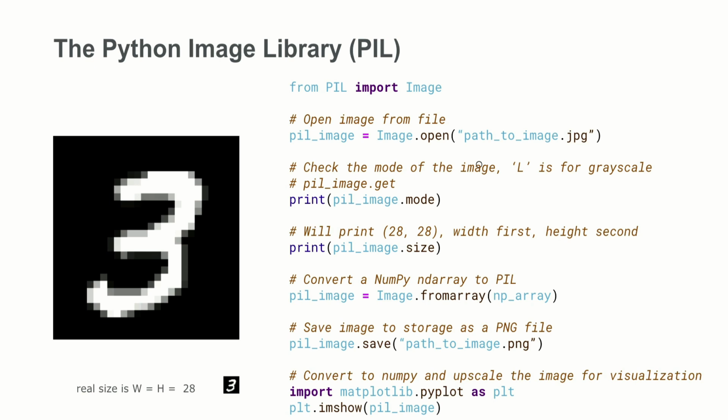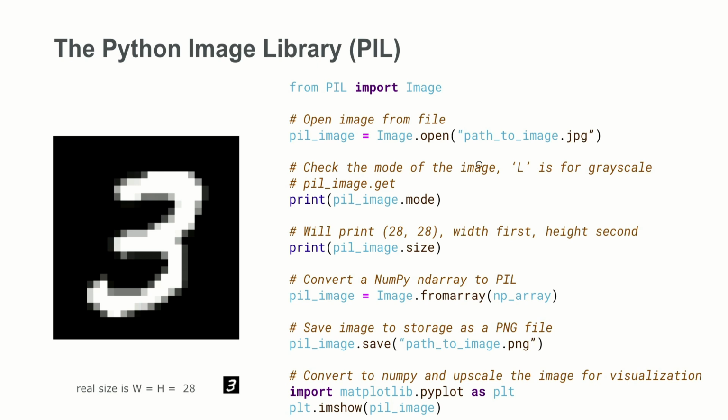You see here Image.open with the path to the image loads an image from your file system. Then it becomes a PIL image object, and we can call methods or attributes on it. When we call the attribute mode, we get as output L for grayscale, and we will get RGB for a color image. And when we print size, we'll get 28 by 28, which is the true size of the image in pixels. It's a very, very small image.